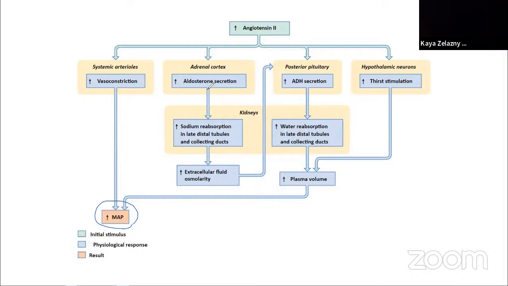If we then think from the perspective of the blood, the plasma, now we have this plasma which has a higher concentration of solutes. We know that a high concentration of solutes exerts a pull on water. So when we increase the reabsorption of sodium, ultimately we're having an effect on water reabsorption. So we're ultimately increasing the volume of plasma, the volume of blood in our arteries, in our cardiovascular system.